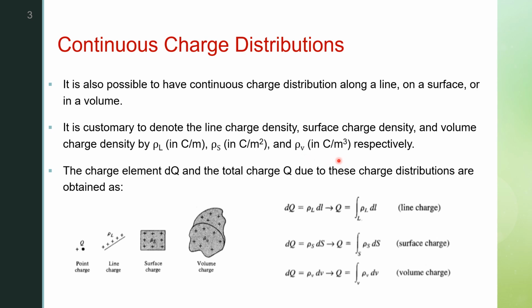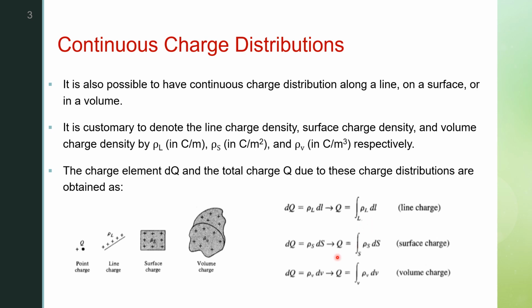So suppose we have this line charge density, surface charge density and volume charge density in our hand. How will we compute the total charge? So what is rho l? That is line charge density, charge per unit length. Then how will you compute the total charge Q? Q is equal to the integral over L, that is integrating over the total length, rho l dl.